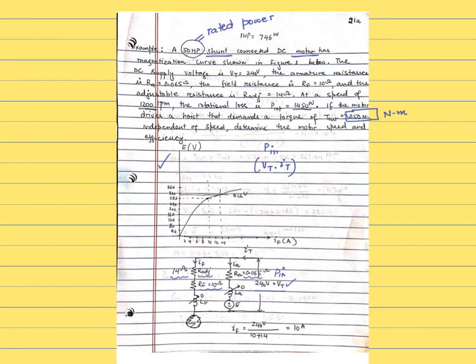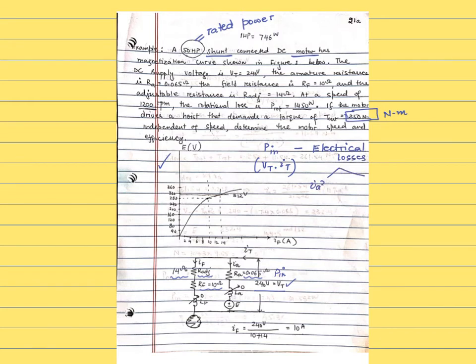Then we're going to subtract the electrical loss. In this case, it can be the losses present in both windings.